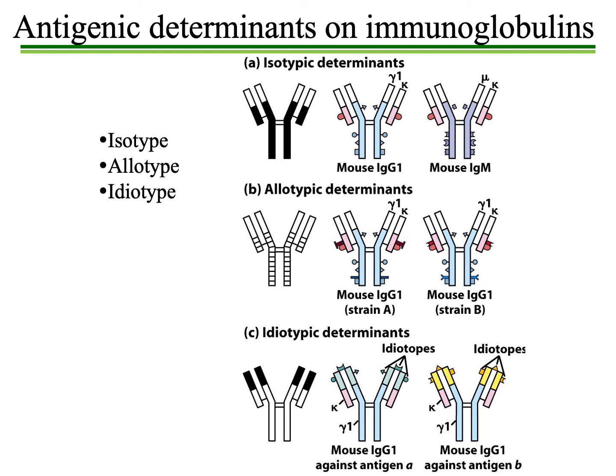This is the variable region, and this does vary from antibody to antibody to allow for all of the specificity that we've discussed previously. So in the example that you see here, we have two different IgG class 1 molecules. They are categorized as IgG class 1. However, the antigenic determinant or the binding portion is different, and so they are in fact different antibodies binding to different antigens.